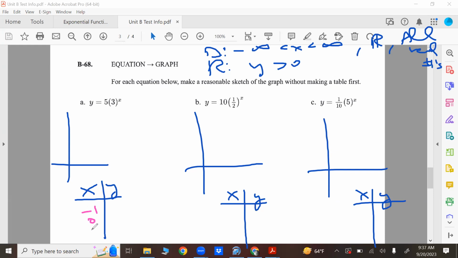I recommend you do these 3. The reason why I recommend these 3 is that you kind of see the whole picture. 0's in the middle, 1's on the right side, -1's on the left side. That's what I would do. So if you plug in -1, you should get 5/3. Yeah. It says without making tables. I don't care. I want you to do a table. So okay, thanks. All right.